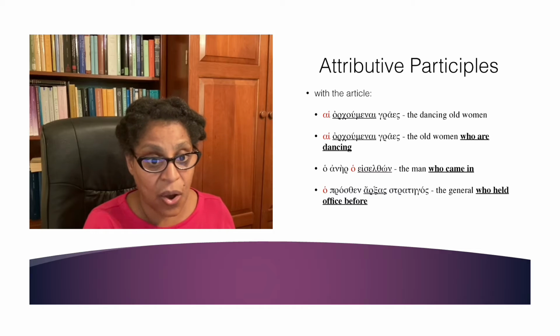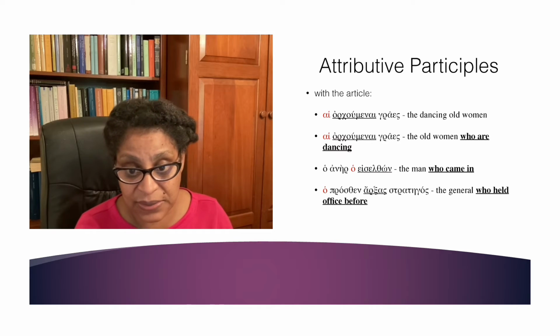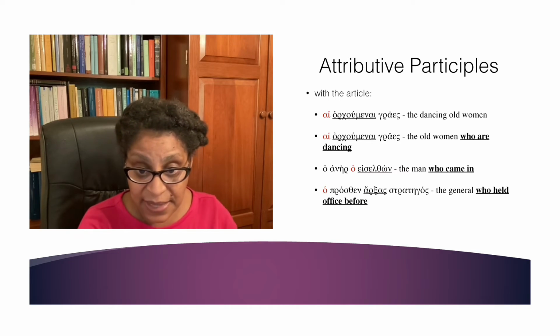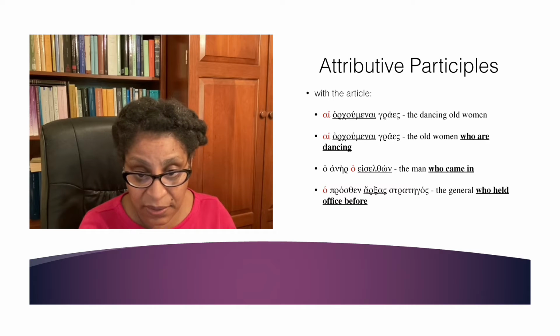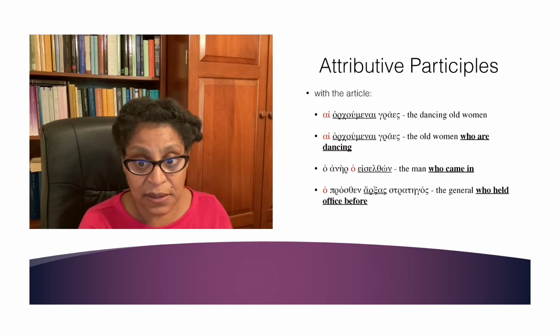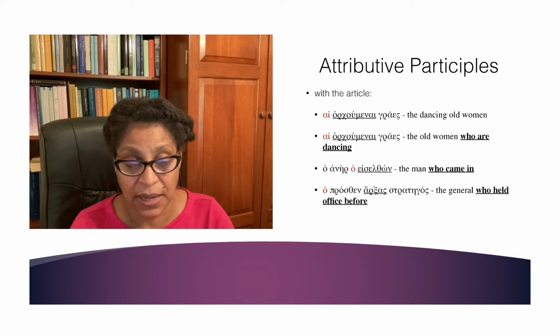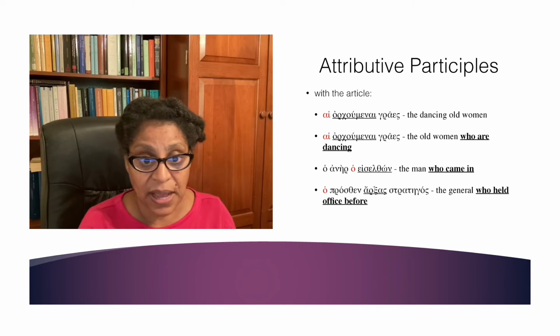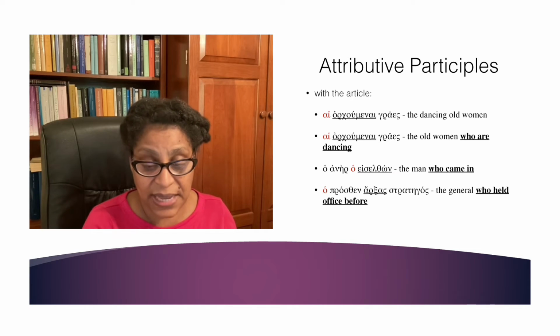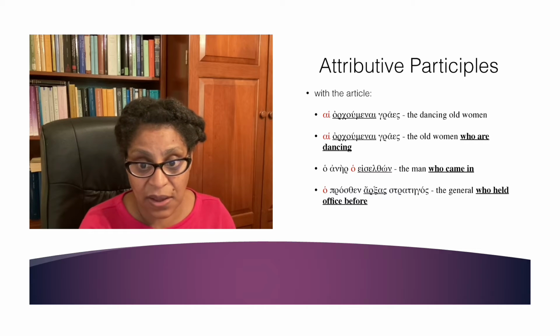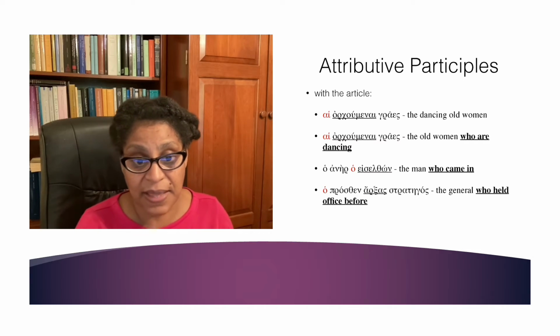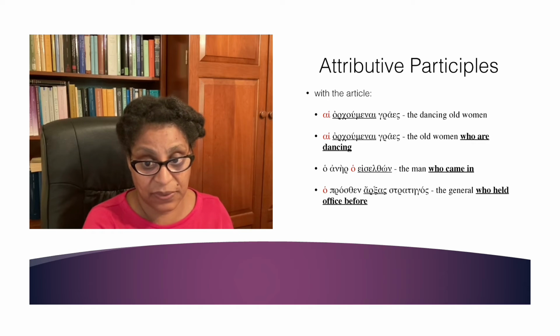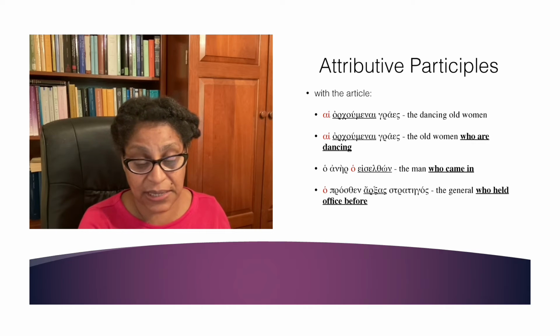So if you say ho kalos anthropos, ho kalos takes the article, so it's the beautiful man. However, if it doesn't take the article, then it's kalos ho anthropos, say, then it's the man is beautiful. All right, so that's predicative.